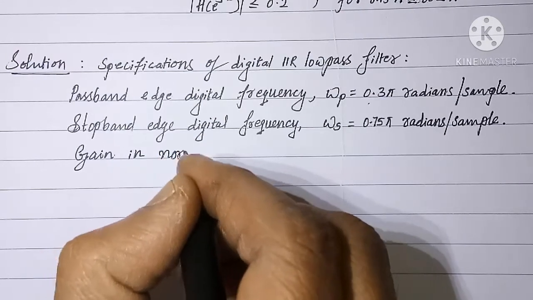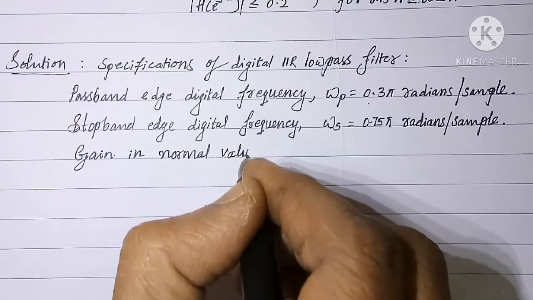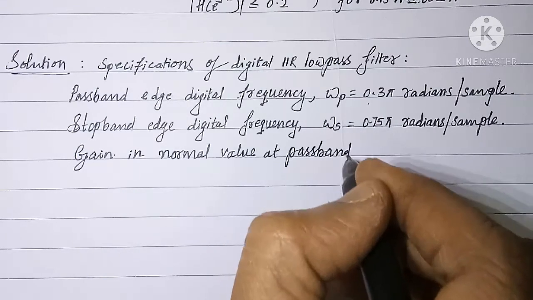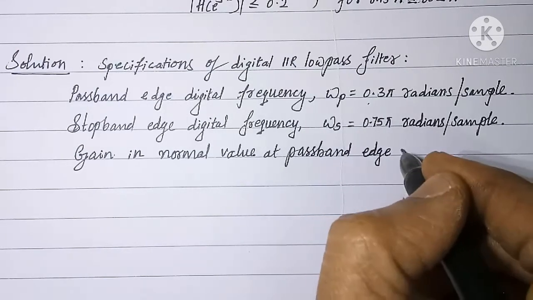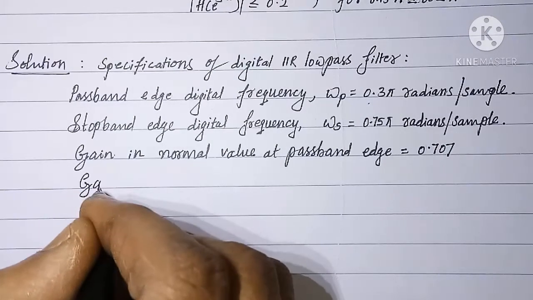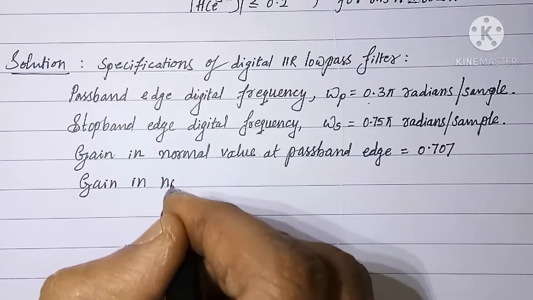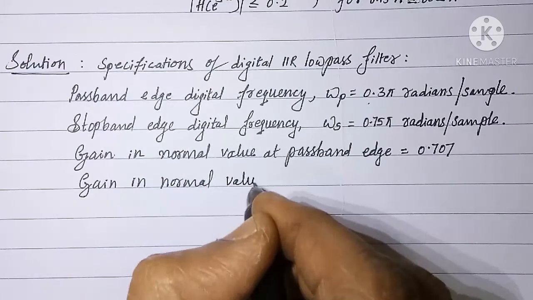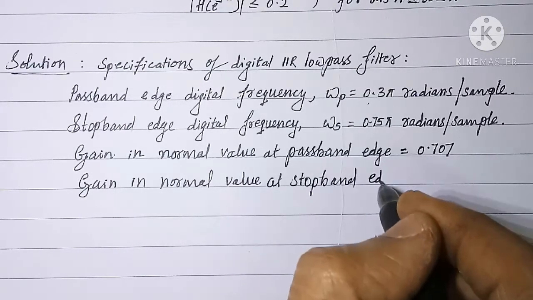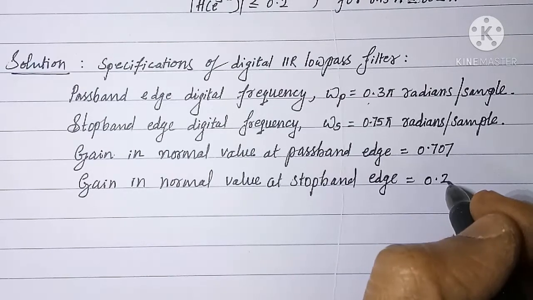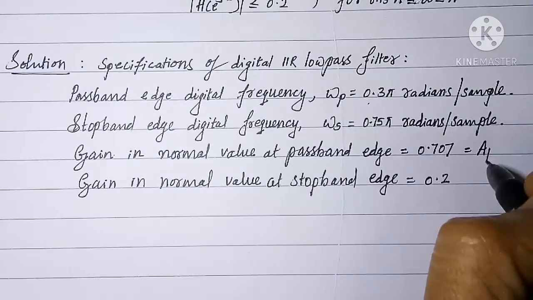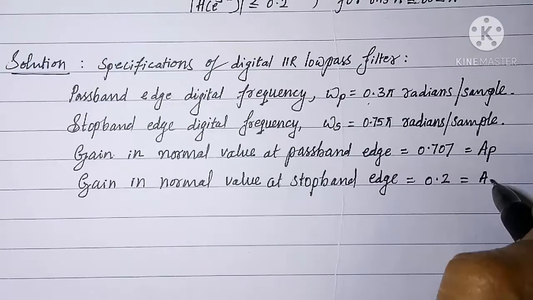Gain in normal value at passband edge is equal to 0.707 and gain in normal value at stop band edge is 0.2. 0.707 may be denoted by AP and 0.2 may be denoted by AS.